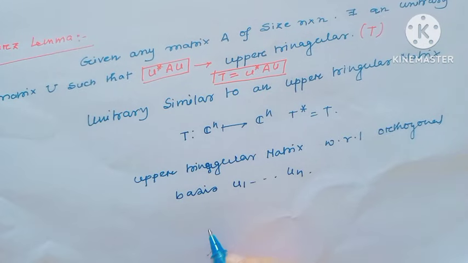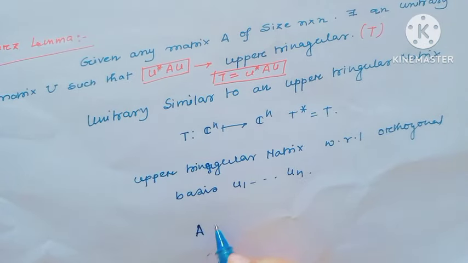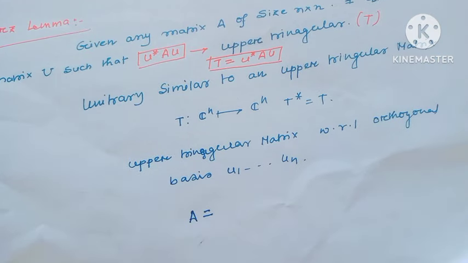That means with respect to an orthonormal basis, we can always construct an upper triangular matrix by Schur's lemma.